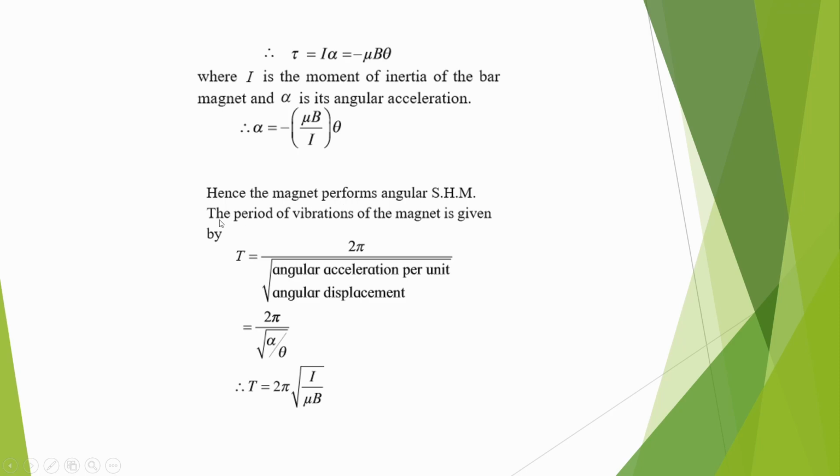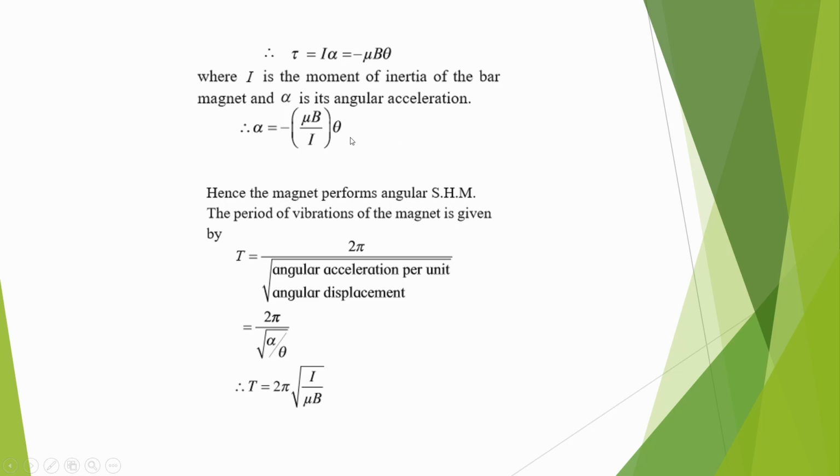Now let us find the period of vibration of the magnet. What is the formula for the period T? T is equal to 2 pi divided by the square root of the angular acceleration per unit angular displacement. The angular acceleration is alpha and the angular displacement is theta, so T is equal to 2 pi under root of alpha upon theta.